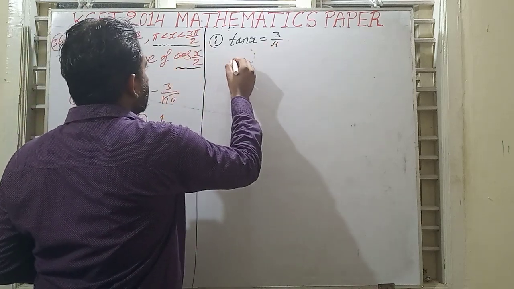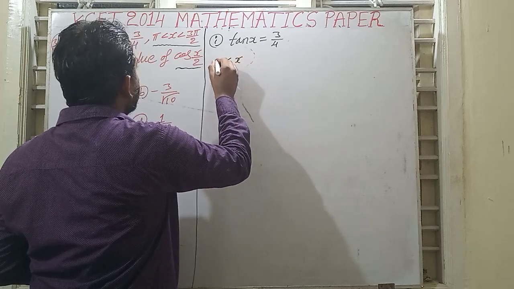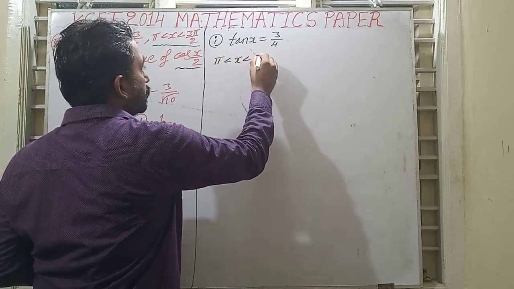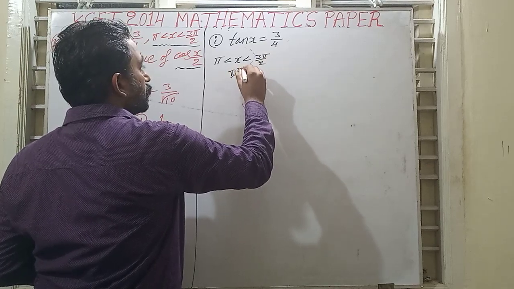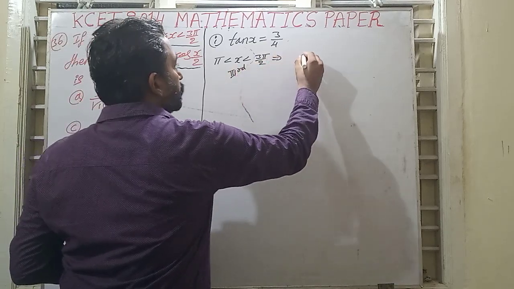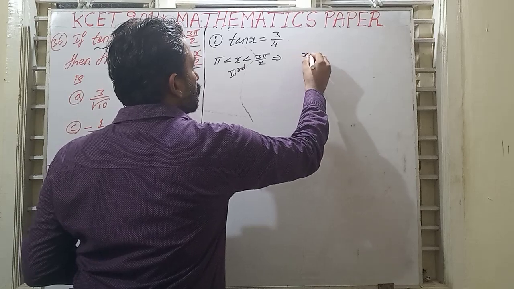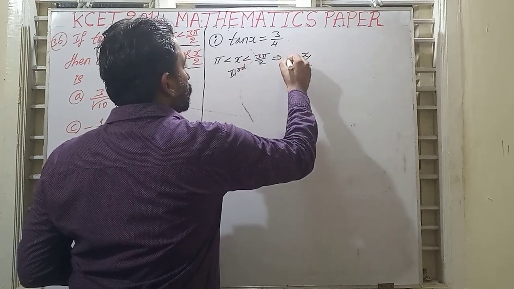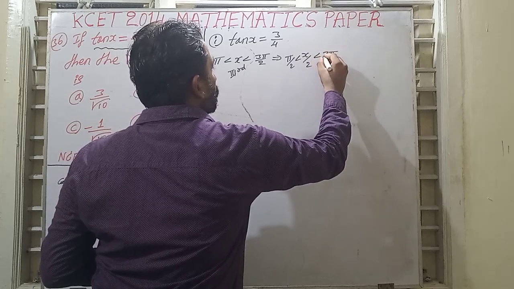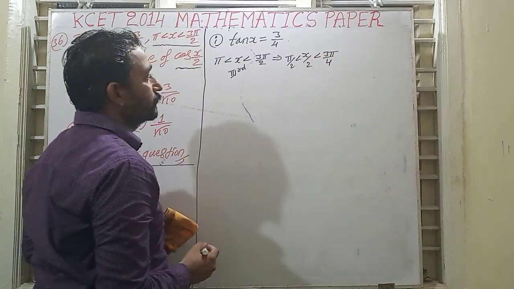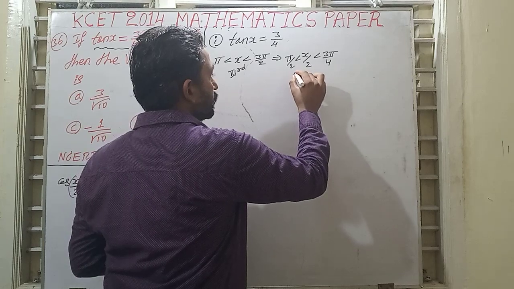So this implies x by 2 lies between pi by 2 to 3 pi by 4, nothing but second quadrant.